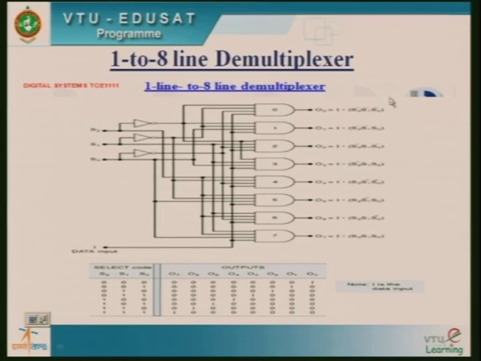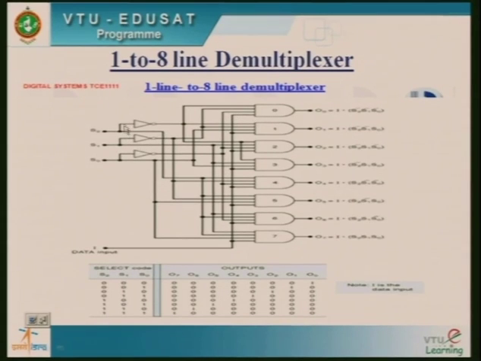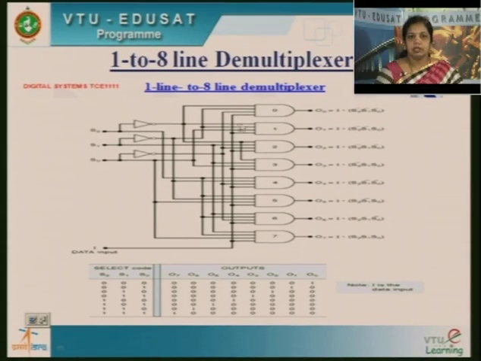You can see 8 combinations over here. So 8 AND gates, 3 inputs. One data input is connected to all AND gates, and we have complemented inputs also. Based on these combinations, at least one of the outputs will be high.